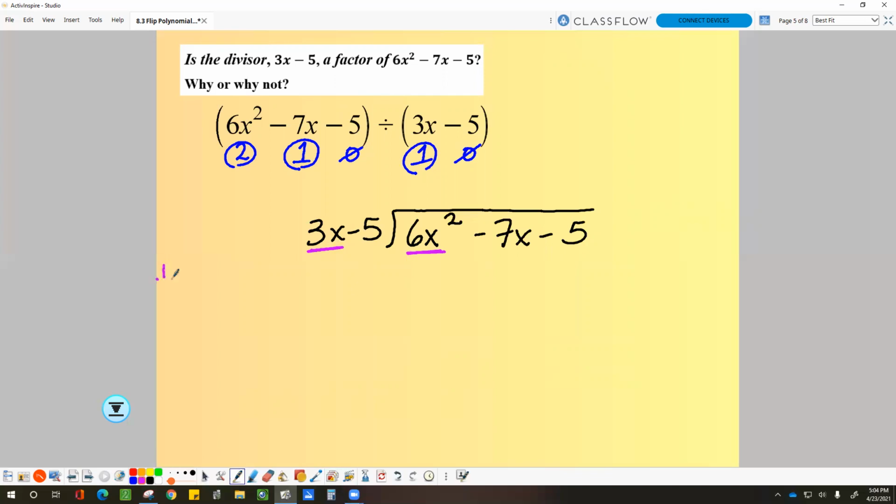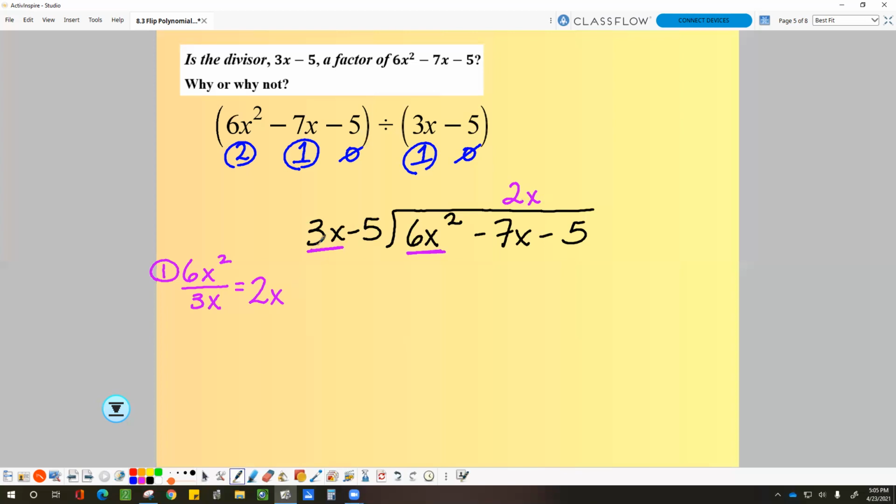So my first division is 6x squared divided by 3x. That's 2x. I align these up by degree over the dividend. That helps me know how far I have, just kind of track where I am working through the problem. That's not required, but that is how I work them.